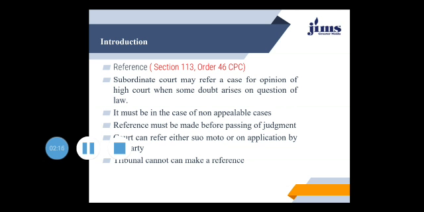The court can refer either suo motu or on application by any party. An application for reference can be made either by any party concerned or upon the own initiative of the lower court. A tribunal has no power to make a reference.